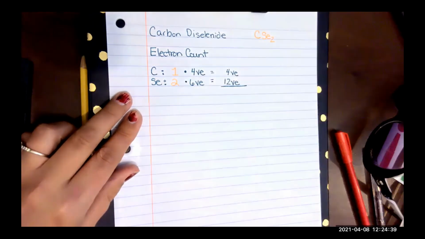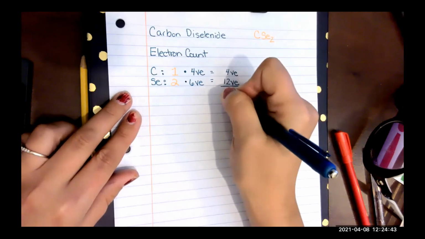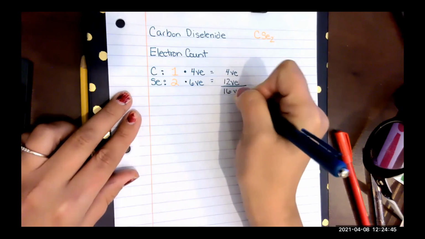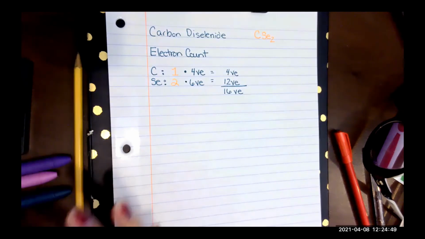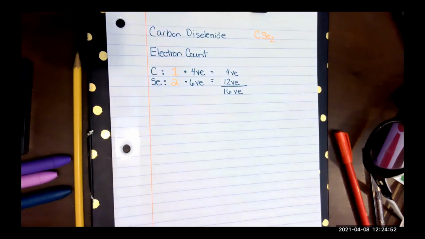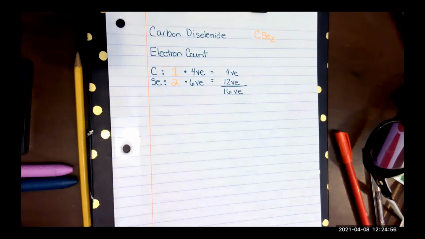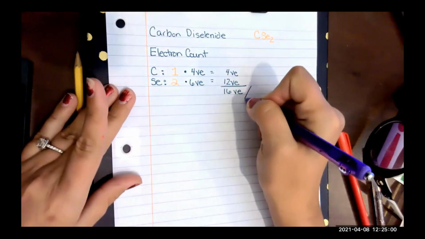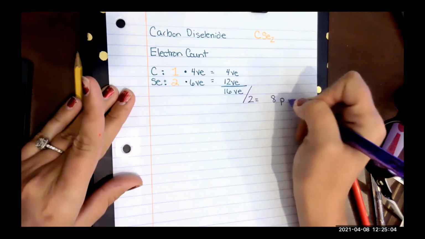Then you can go ahead and add them together. 4 plus 12 is 16 valence electrons. Now that's the total valence electrons available to make every element into an octet, but we care about bonded pairs or electron pairs. So we're gonna take that 16 divided by 2 and it gives me 8 pairs.